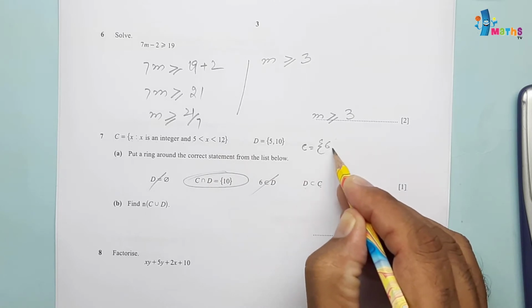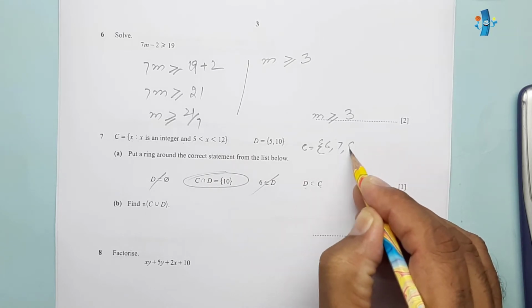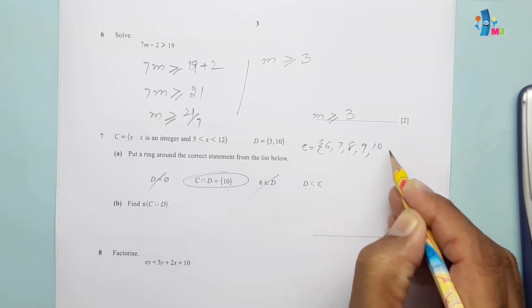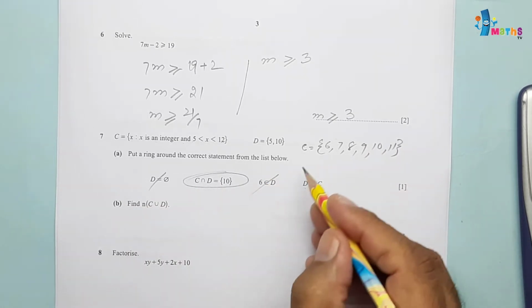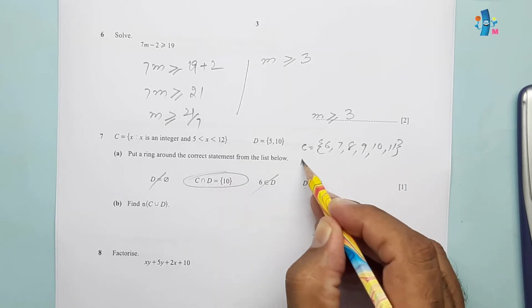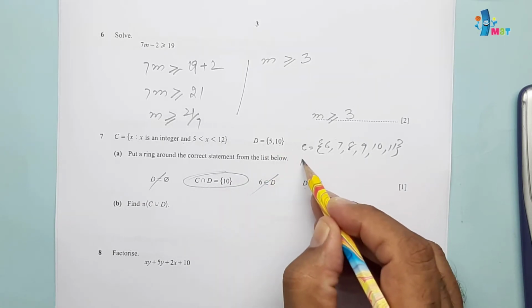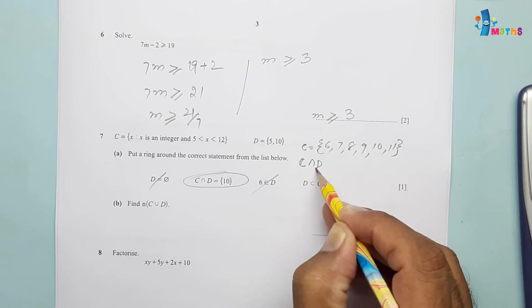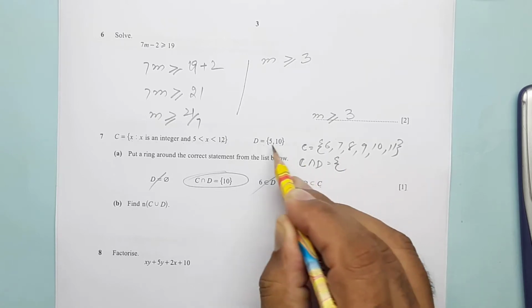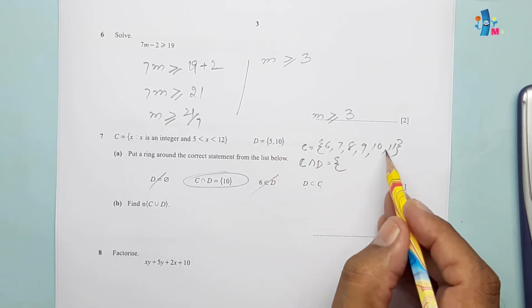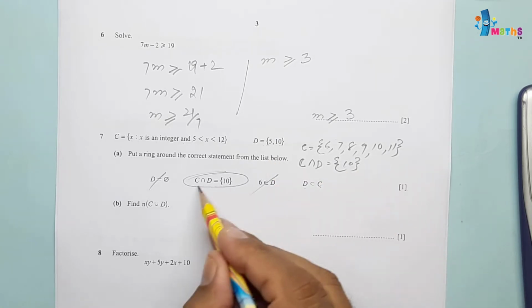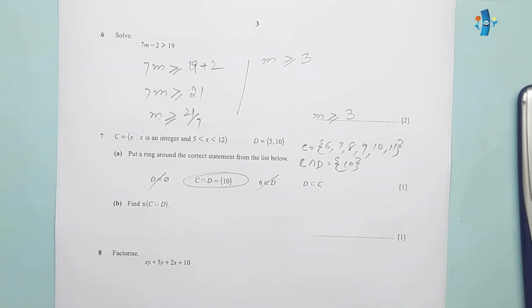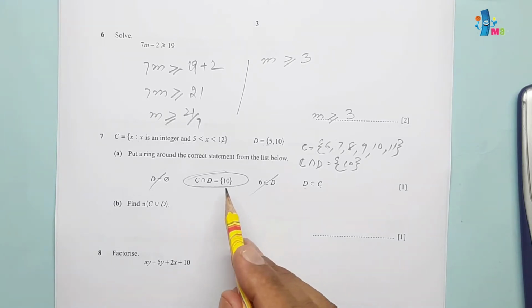So it will be having members 6, 7, 8, 9, 10 and 11. 12 will also be excluded. And D is what? D is this one, 5 and 10. So C intersection D will be common in both. Common in both is only 10. So this is how we have arrived at this answer, that C intersection D is this one.